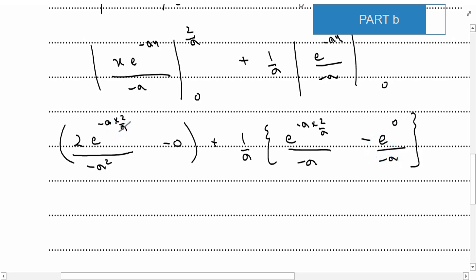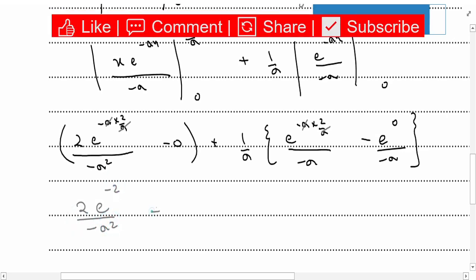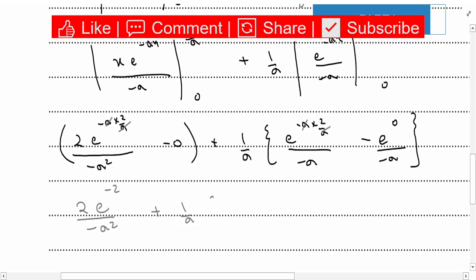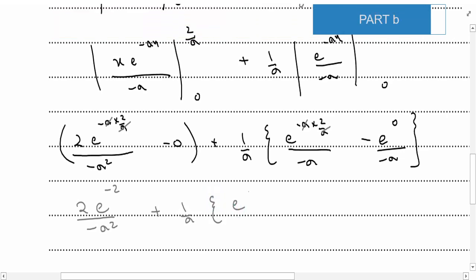This a gets cancelled with this a. In the same way this a cancels with this a. So we are left with 2e to the power of negative 2 divided by minus a squared, plus 1 over a times e to the power of minus 2, plus 1 over a. E to the power of 0 is 1, since anything raised to the power 0 is 1.